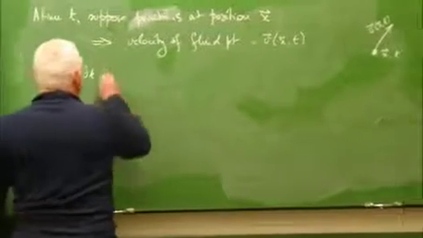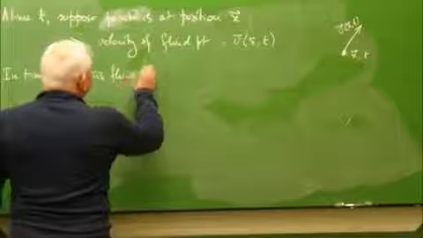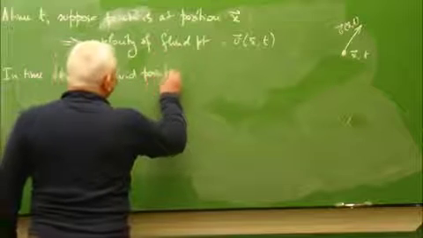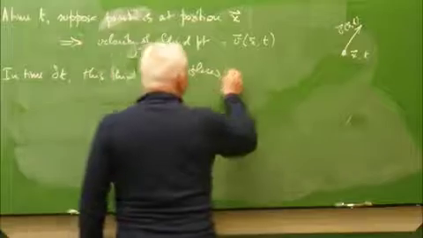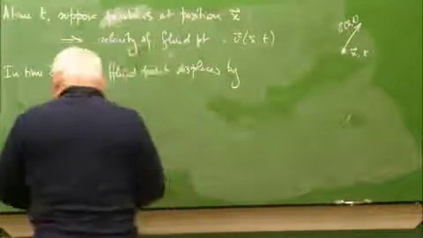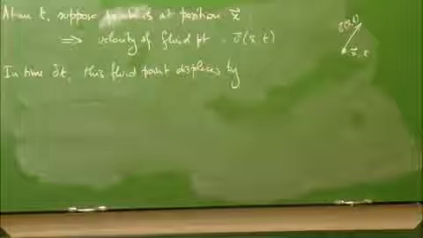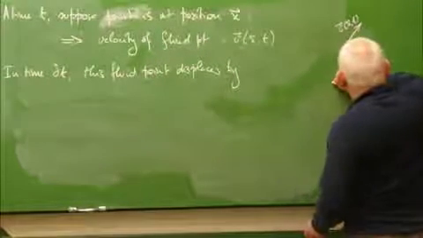So in time delta t, this fluid point displaces by an amount, well, to where does it move? So here is its trajectory.